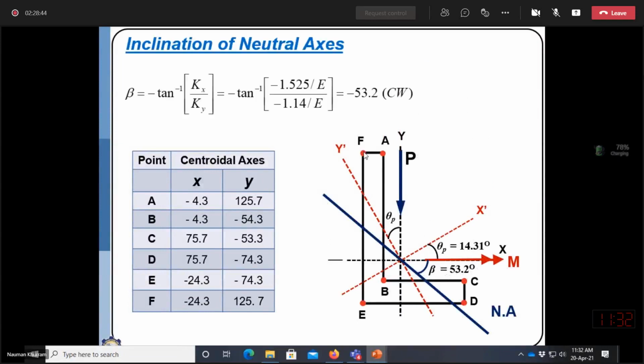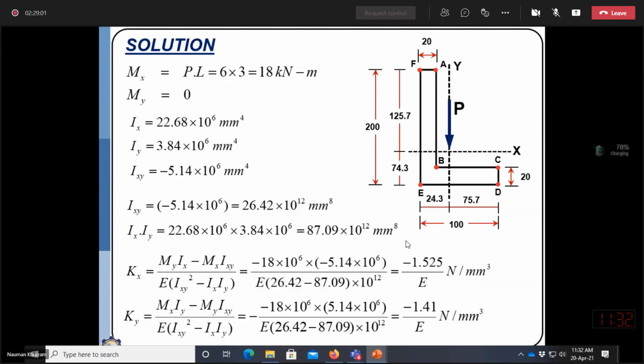Okay, next we want to determine the stress at points A, F, B, C, D, and E. So we need to determine their location from the centroid with their coordinate sign. Point A has a y bar component of 125.71, and F also has y as 125.71.